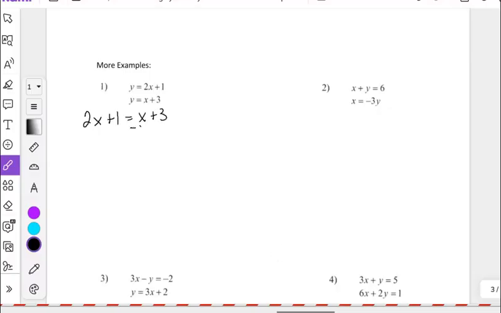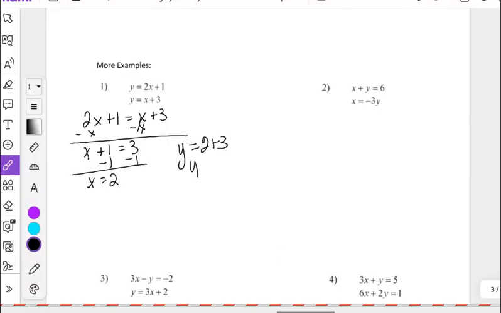I'm solving for x. Subtract x from both sides. So I have x plus 1 equals 3. Subtract 1, x equals 2. Now I'm going to plug that back into one of these original equations. So y equals, substituting 2 in for x, 2 plus 3. So y is going to equal 5. My solution is (2, 5).